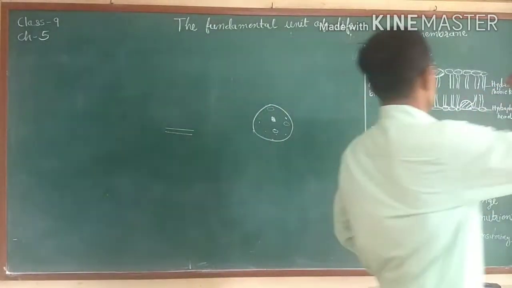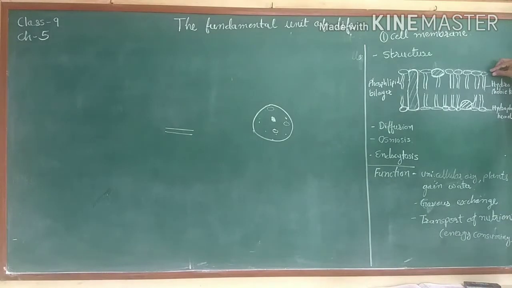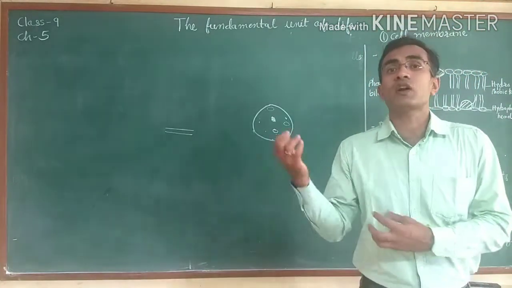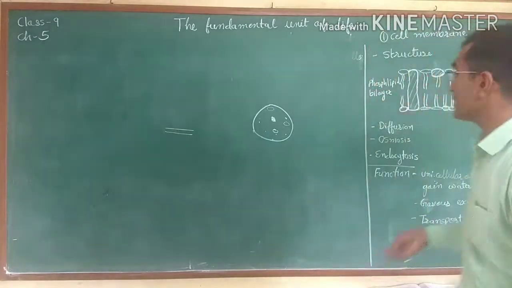So the head is hydrophilic in nature. Philic means attracted towards, and hydro means water. So this round head is attracted toward water, or we can say water is attracted towards the head.